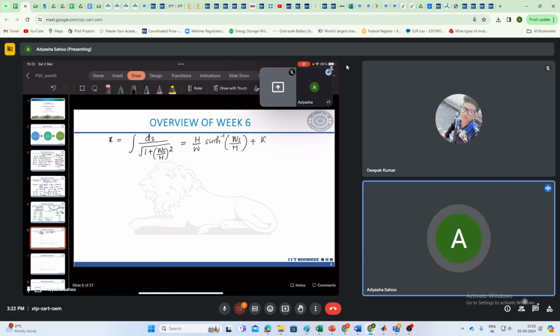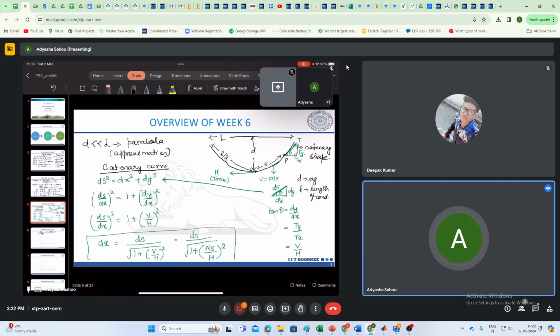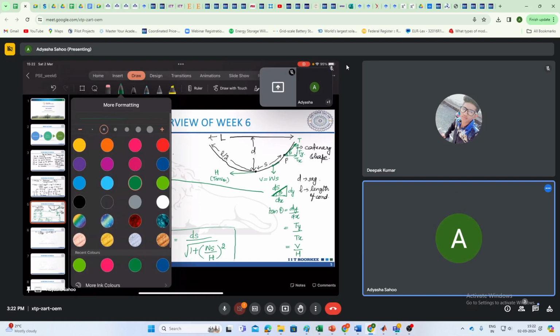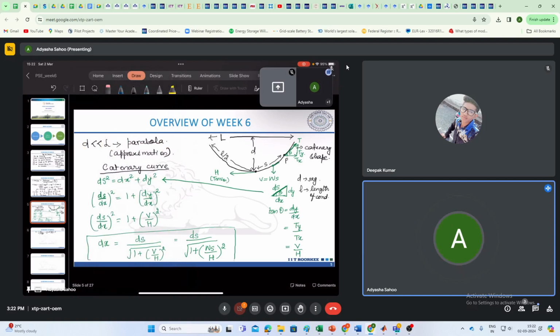Now if you see the initial condition here, whenever x is 0, that means you are at this point only, right? So whenever x is 0, this point will move to this point, so then s is also 0, right?